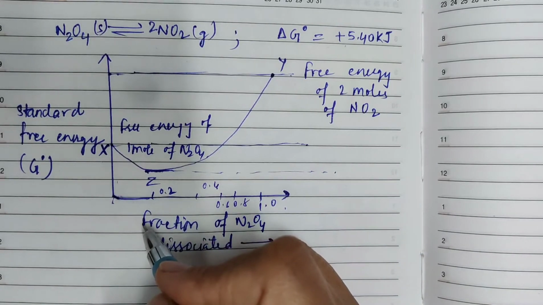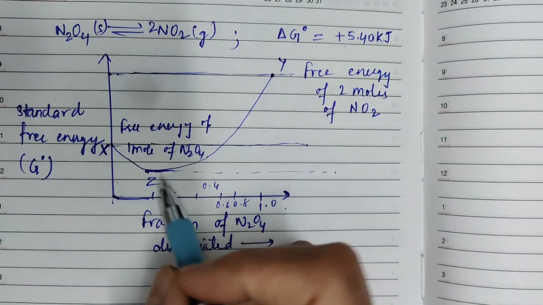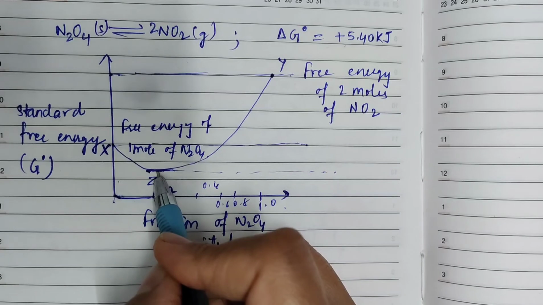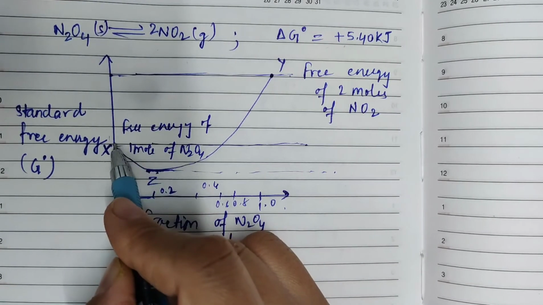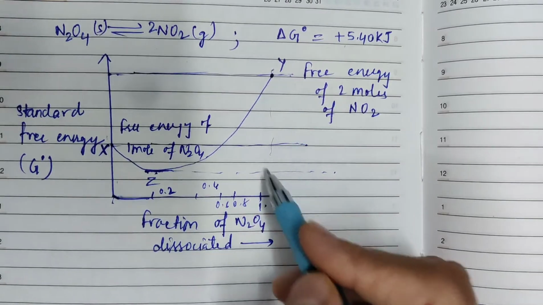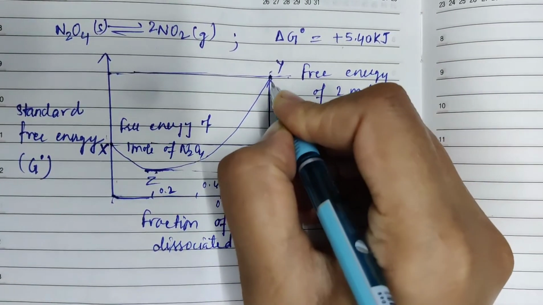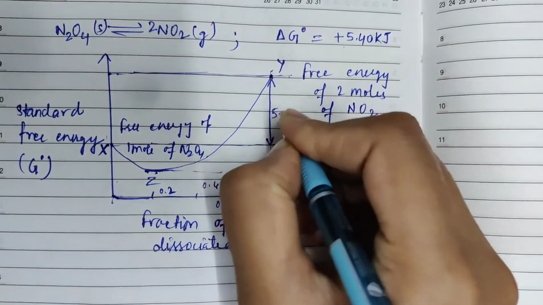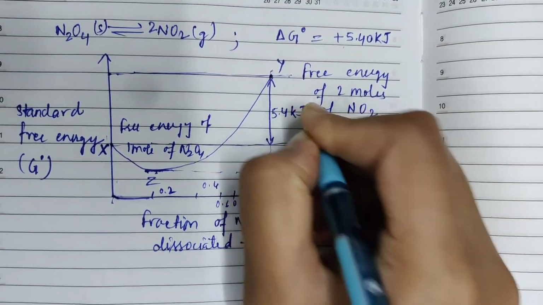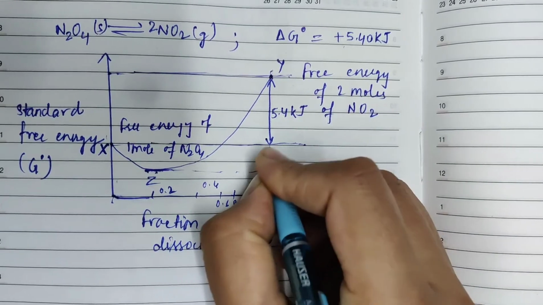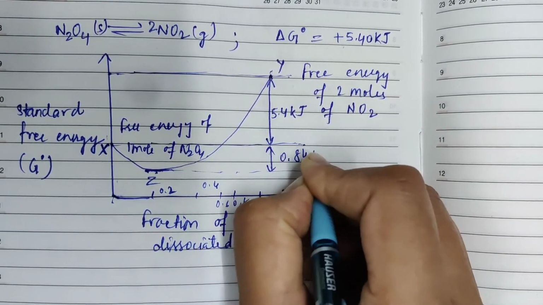So if you see here, at this point equilibrium is being established. Here you have only your reactant, here you have only your product. And if I write down the energy differences, this is 5.4 kilojoule. This is 0.84 kilojoule.